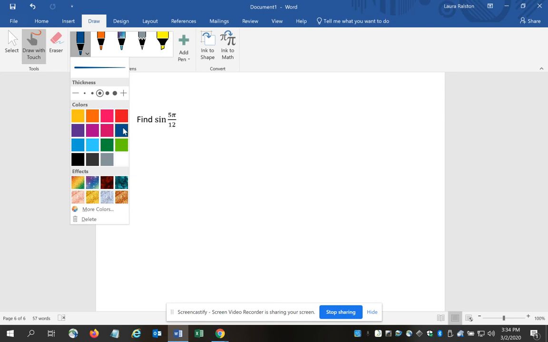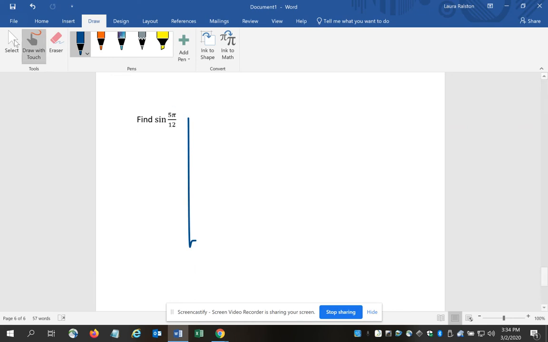It may help to convert it to the actual degrees and then work it from there. But I figured out that the sine of 5 pi 12ths could be rewritten as the sine of 3 pi 4ths minus pi 3rds.